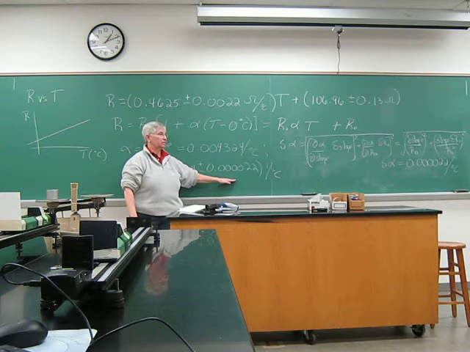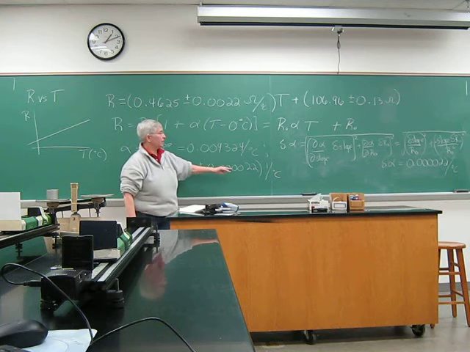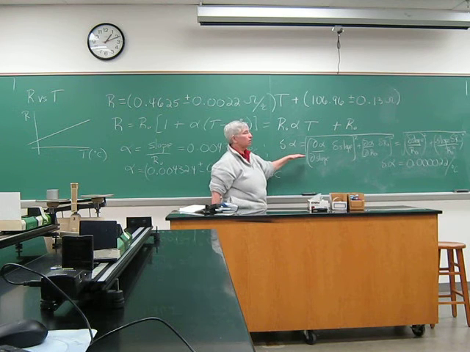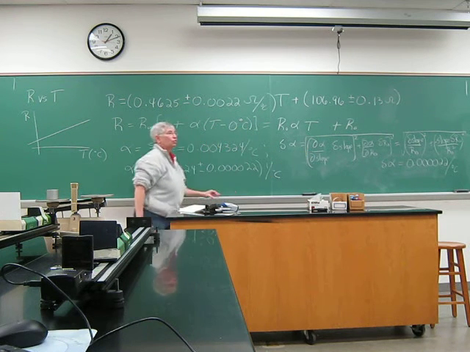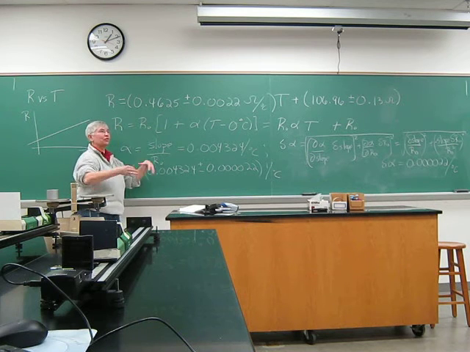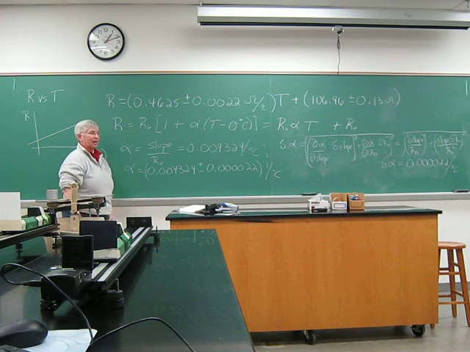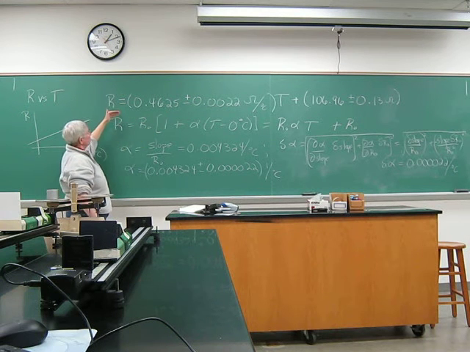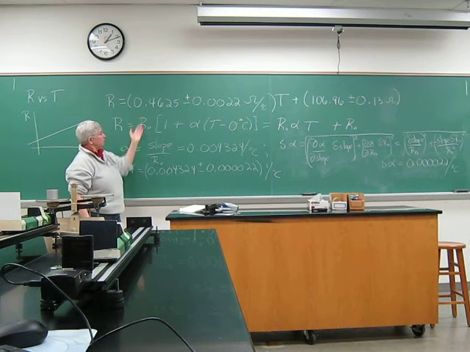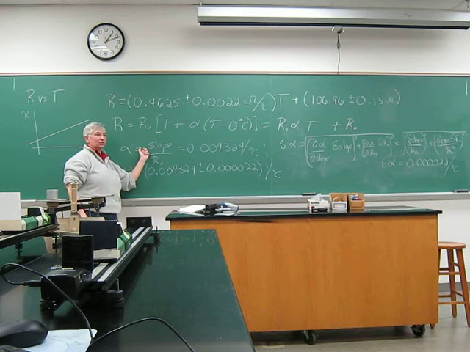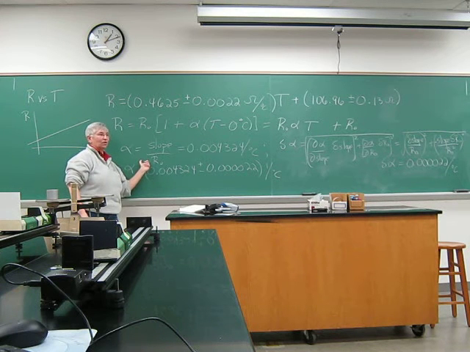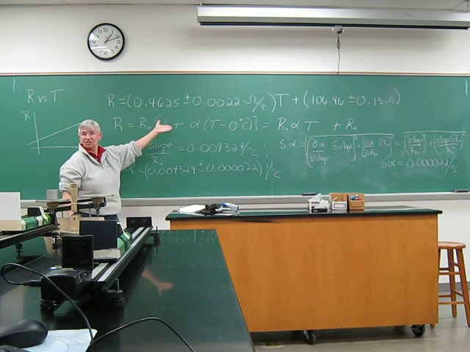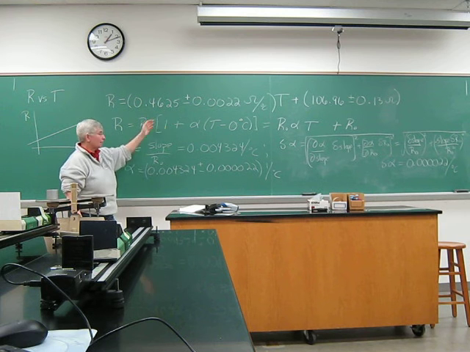Okay? So part of your data analysis would be saying this is the curve fit equation. Alpha is obtained by using the slope divided by R naught, making these connections somewhere. Okay.